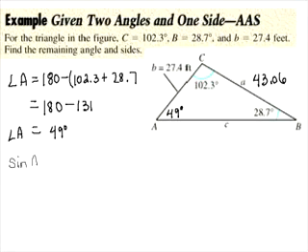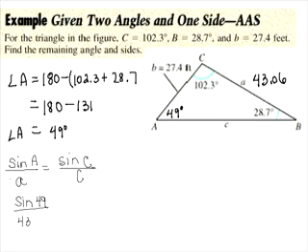We can say that the sine of A over A equals the sine of B, oh, actually C, we're finding C this time, sine of C over C. So the sine of 49 over 43.06 equals the sine of C, and C is 102.3 over side C.